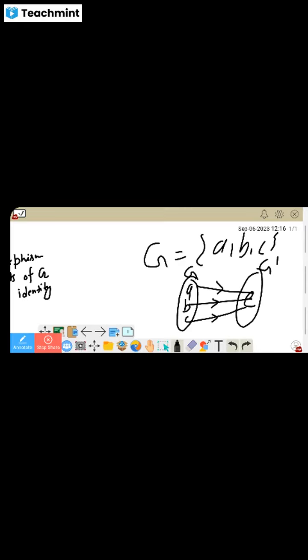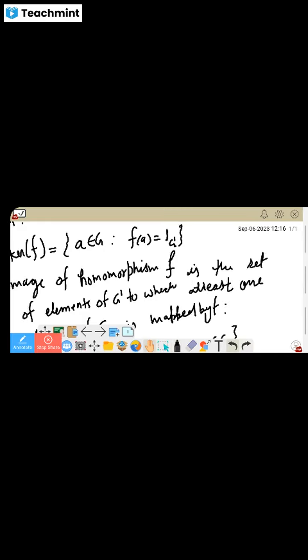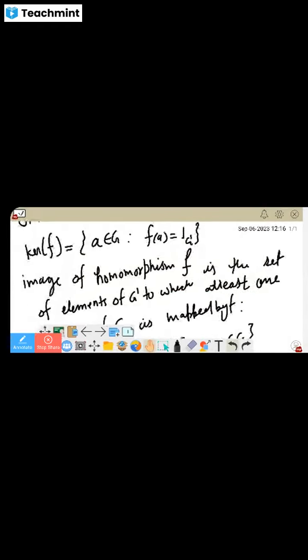So for the kernel of F from G, we'll take all elements in G. This A is associated with the identity of G dash. The subscript in G dash shows that this is the identity of G dash.